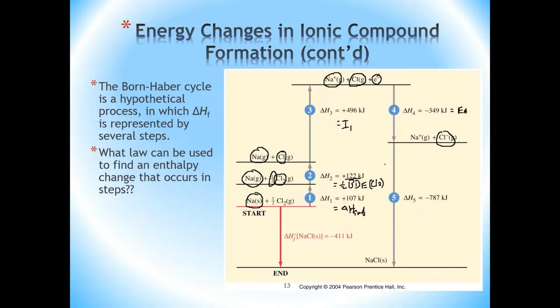And then we get to the last step. So the last step is where we have the reaction between the sodium gaseous ions and the chloride gaseous ions to form sodium chloride, which is the final product. Now, the enthalpy change for that reaction here is minus 787 kilojoules, all right?